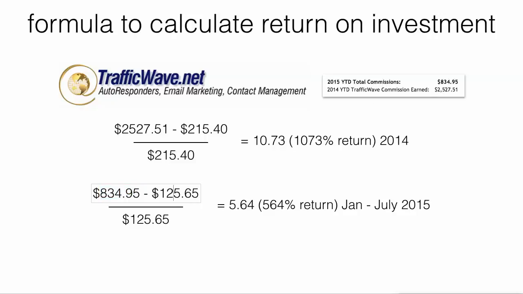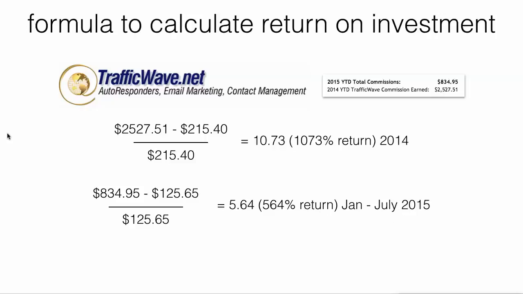And for January through July times $17.95, that's $125.65 for this wonderful service. Obviously, I make a lot more. In fact, when you divide that all out, it's 5.64. So I've had a 564% return just this year.